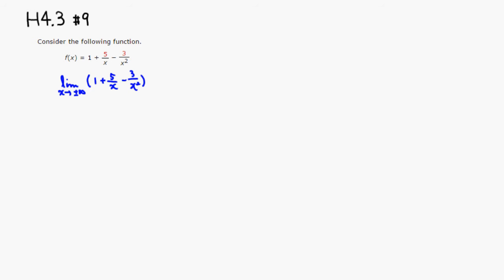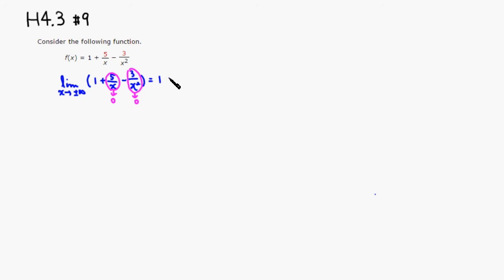As x goes to either positive or negative infinity, 5 divided by a big quantity is going to be 0. And 3 over x squared is going to go to 0 as well. So 1 plus 0 is going to be 1.